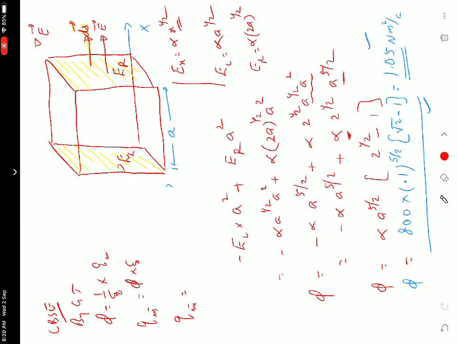We already calculated the value of phi, that is 1.05. 1.05 into 8.85 into 10 raised to the power minus 12. On calculation we are getting 9.27 into 10 raised to the power minus 12 coulomb. So 9.27 pico coulomb is the charge inside.